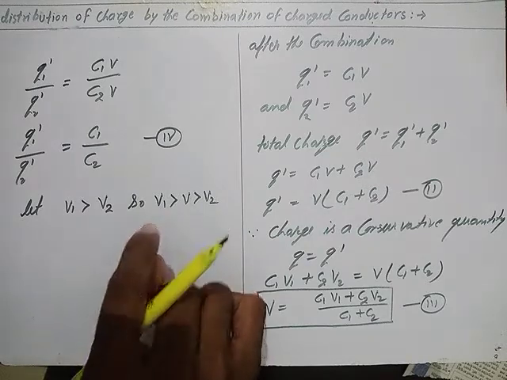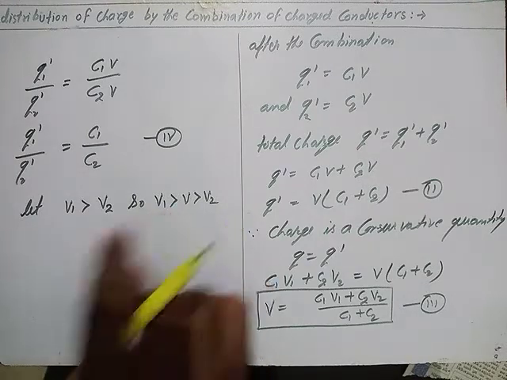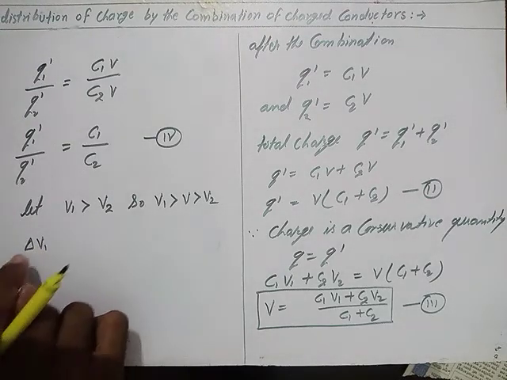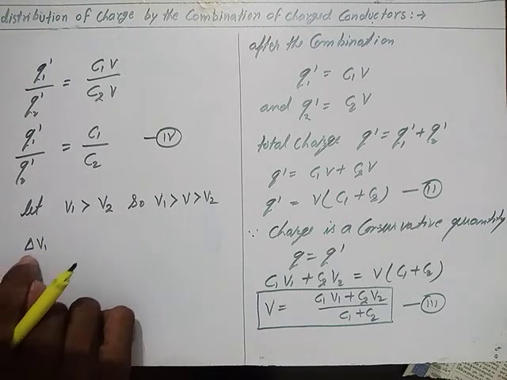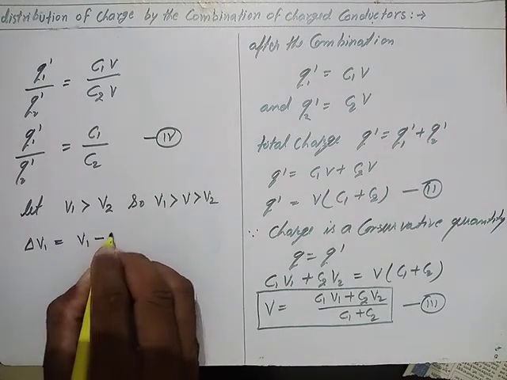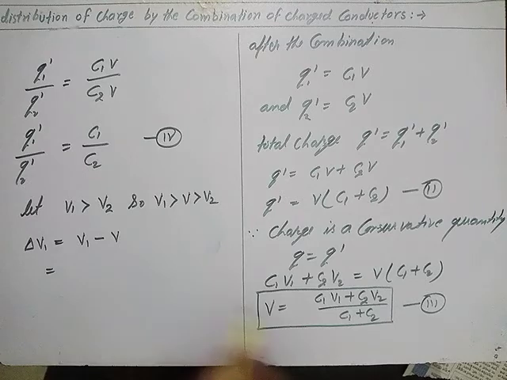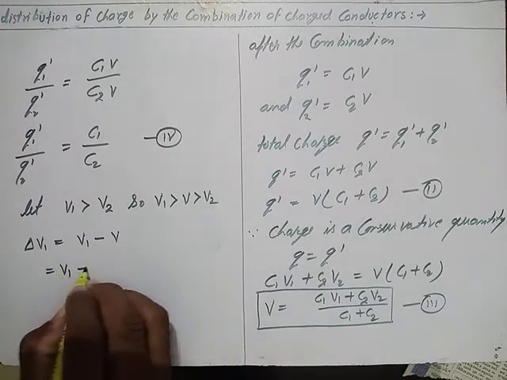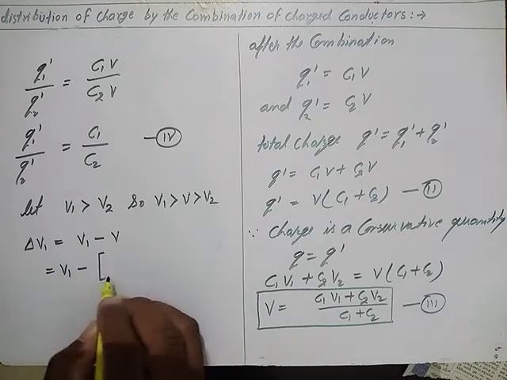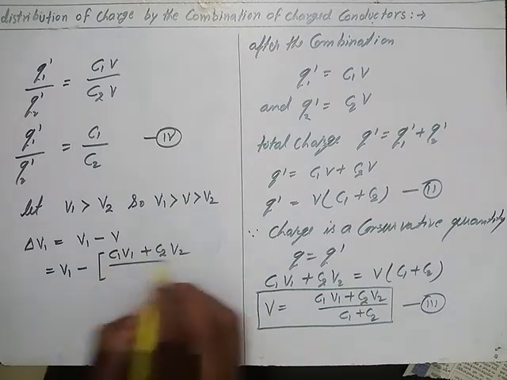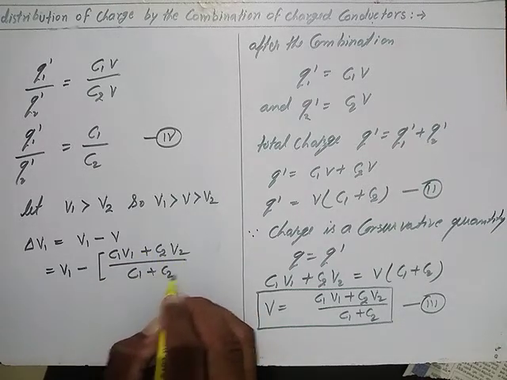So the change in potential of conductor A will be delta V1, which is V1 minus V. As you know, the value of V is given by equation third. So V1 minus C1 V1 plus C2 V2 divided by C1 plus C2.